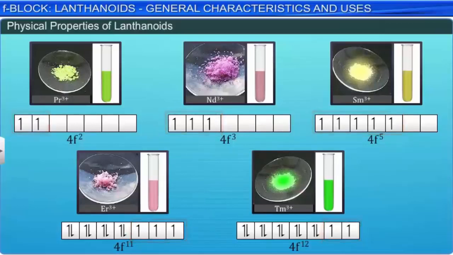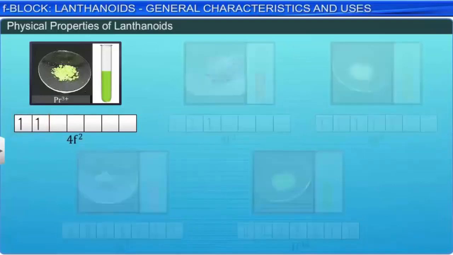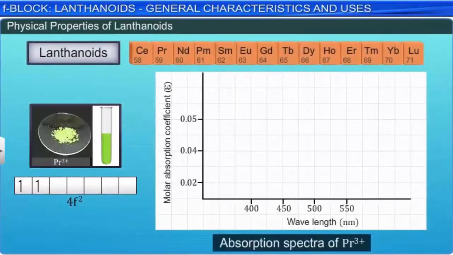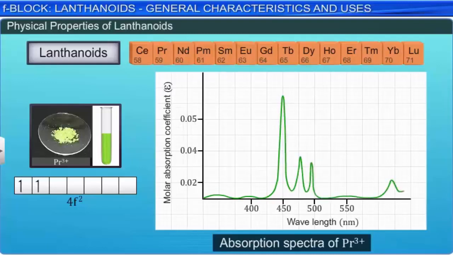The absorption spectra of the compounds of trivalent lanthanoid ions show a very sharp line band in the UV visible or near-infrared region. These bands are due to internal electron transitions in the partly filled 4f shell and are called f to f transitions.